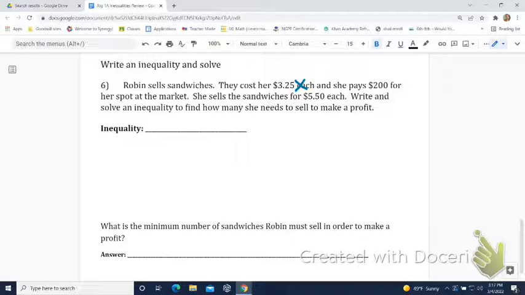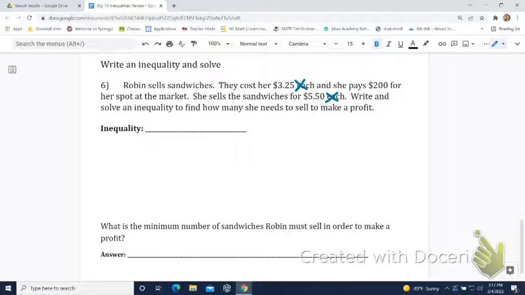And then she sells the sandwiches for $5.50 each. So I know there's going to be 2 X's in this problem. So it's different than other application problems that we've done. It's got 2 X's in it. And so her cost, you can set this up with cost on the left, or you can set it up with sales on the left. I'm actually going to set it up with her revenue or her income on the left.